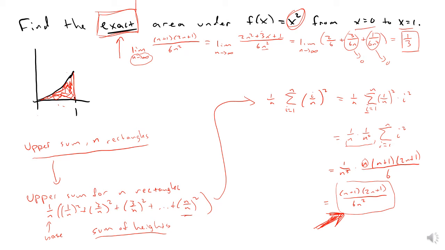As the number of rectangles increases, I get closer and closer to the exact area. And finally, when we compute this limit, the limit as n goes to infinity for this upper sum is the exact area. So the exact area under the graph of x squared between 0 and 1 is 1/3. Whatever our units are, 1/3 meters squared, 1/3 feet squared, 1/3 inches squared, it doesn't matter here. The area under the curve is 1/3 units squared.